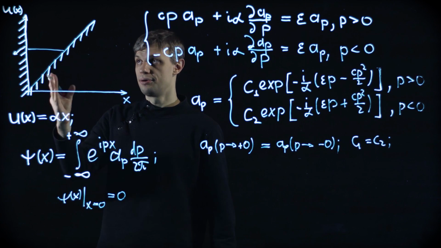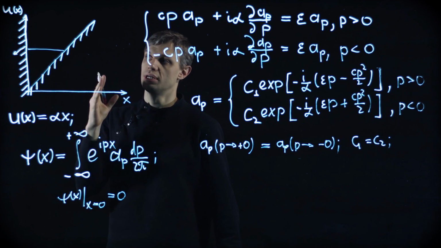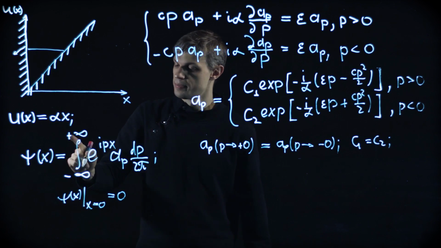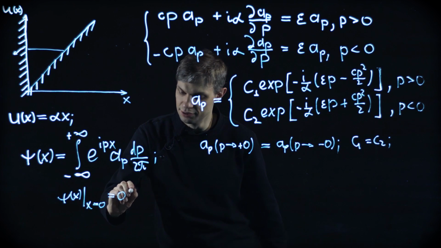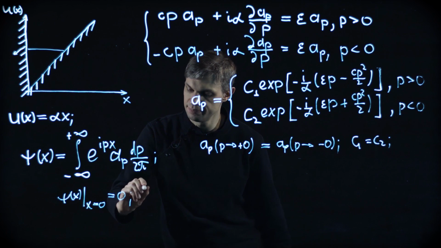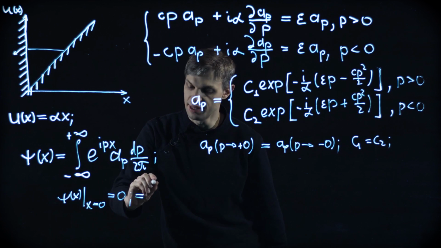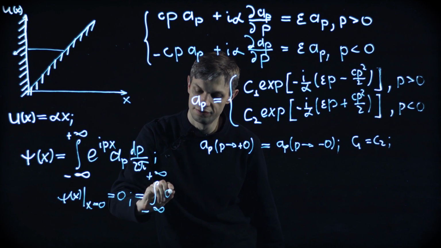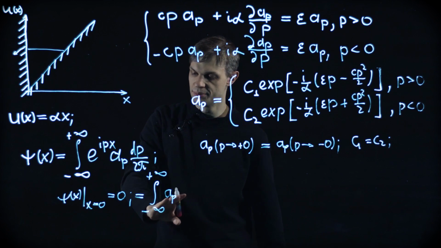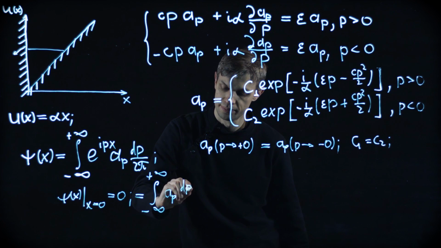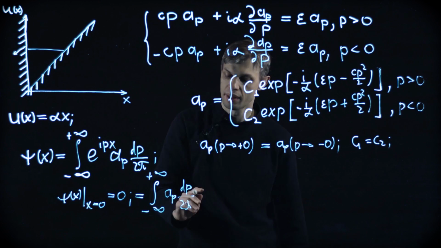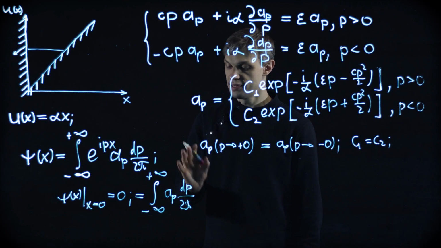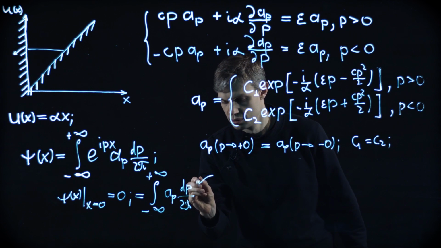This is basically our boundary condition, which will give us the quantization rule for energy levels. So ψ(0), as we see here, is simply the integral of our wave function in momentum representation over all values of momentum. So this is our quantization condition.